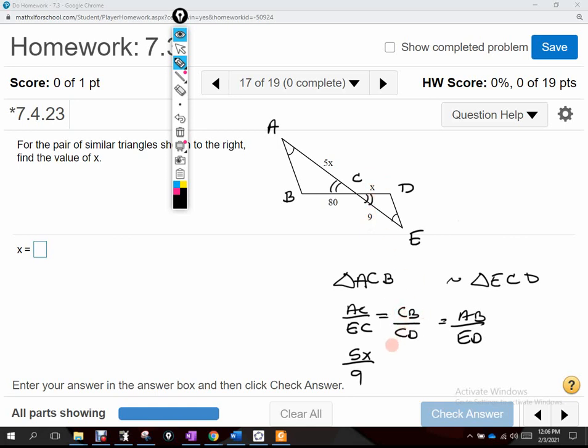CB, 80. And then CD is our x. Okay. So when we cross multiply, we get 5x squared equals, I'm going to write it as 80 times 9. If you want to write it as 720, you could.